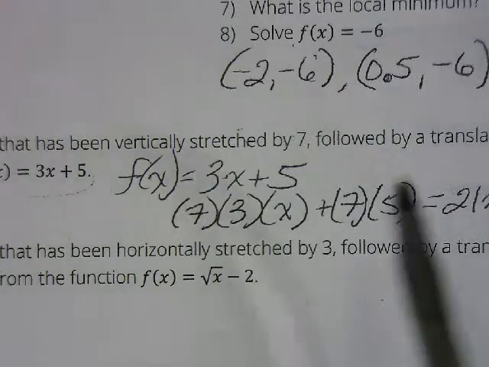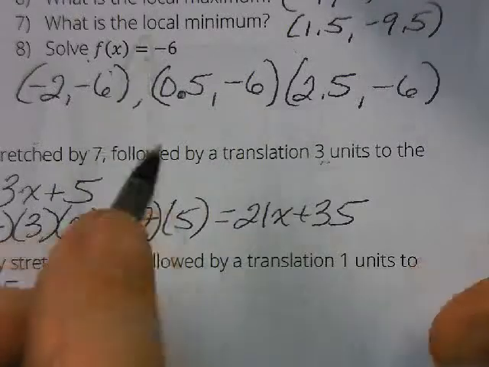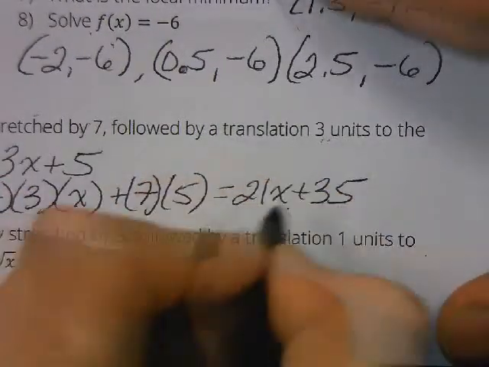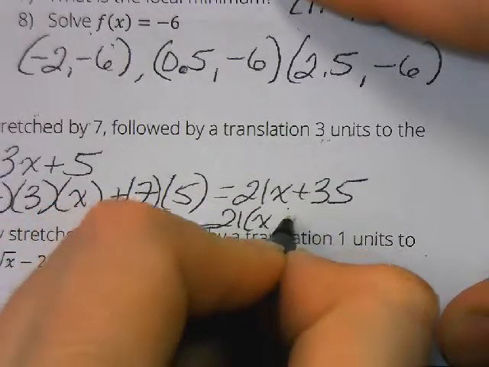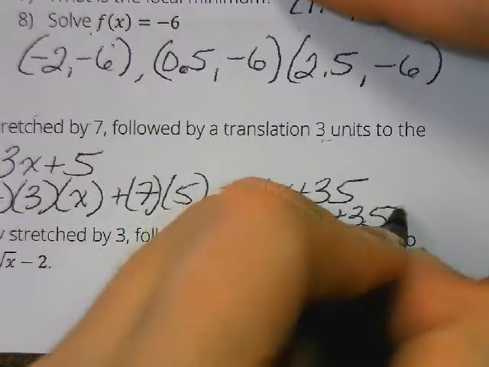And then we are going to translate it 3 units to the left. So right and left means I need to actually go inside of the grouping here. So we're going to do 21 times x to the left, so x plus 3, and then plus 35.